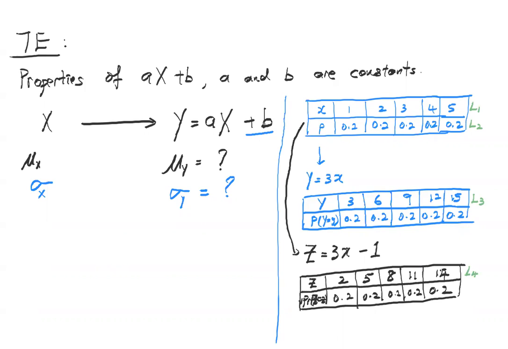Okay, so when I want to count the mean of Y, I go to one-var stats. There are two columns you have to key in, am I right? So for the value, you key in L3, and for the frequency, you key in L2.